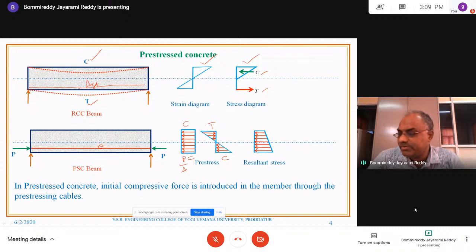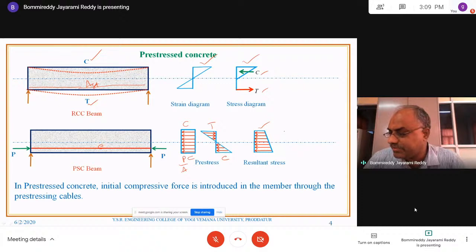So what is the resultant stress at the bottom? The resultant stress at the bottom will be the sum of these two, and it will be a big magnitude. And at the top, because of the direct force P, it is compressive, and because of eccentricity, it is tensile, and the sum of these two will be this. So this is called the resultant diagram in pre-stressed concrete because of the pre-stressing force.